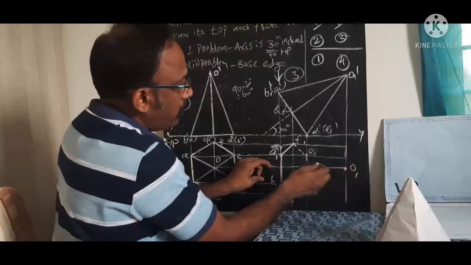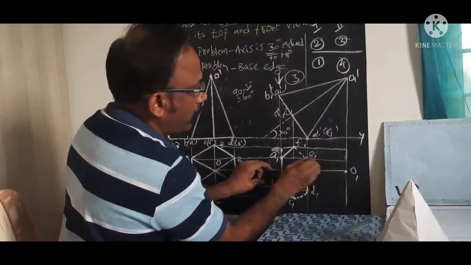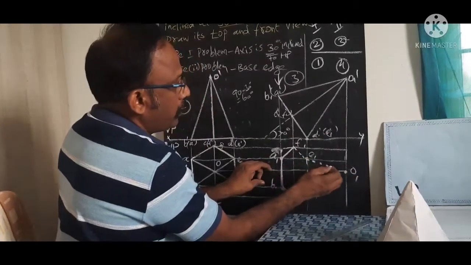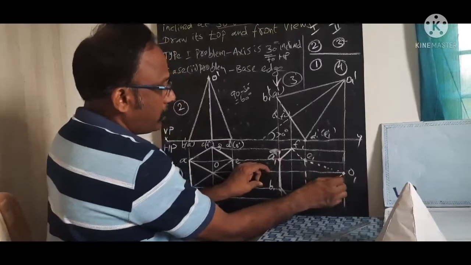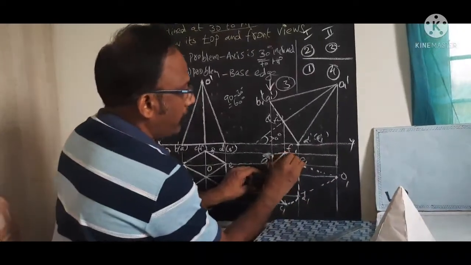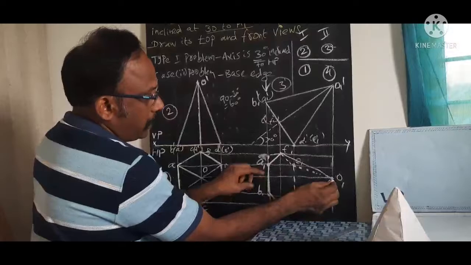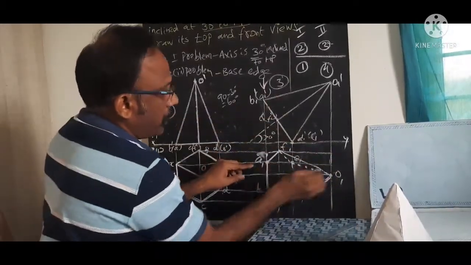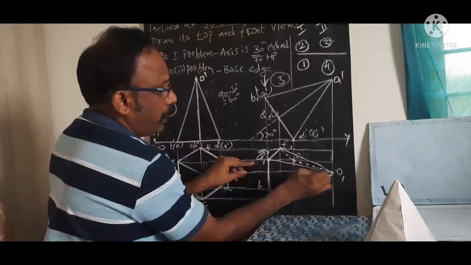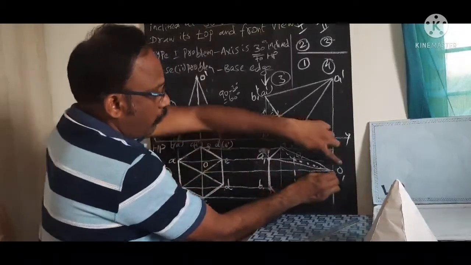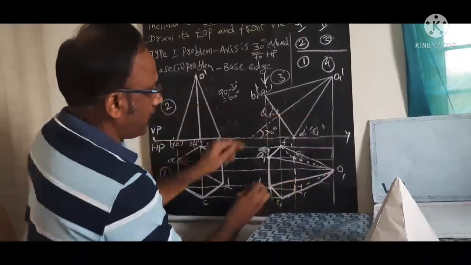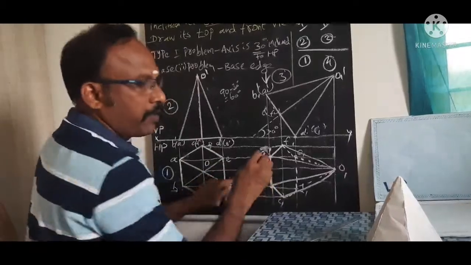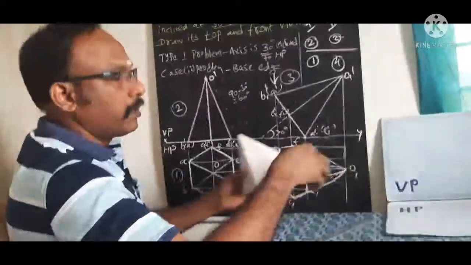Now connect E1 and O1, also a dotted line. This line also a dotted line. The outer line we need to darken as the thicker one. Outer line, thick line. Now connecting A1 and O1 as a thick line, and B1 and O1 as a thick line. Thus we completed step number 4, the final top view.